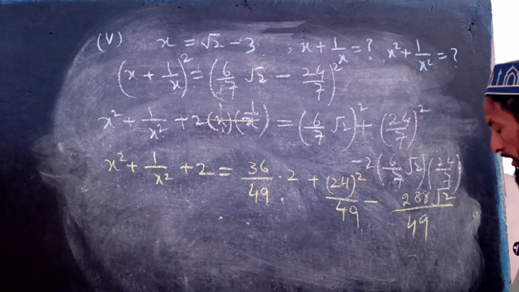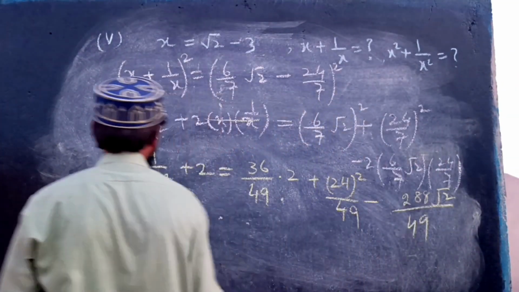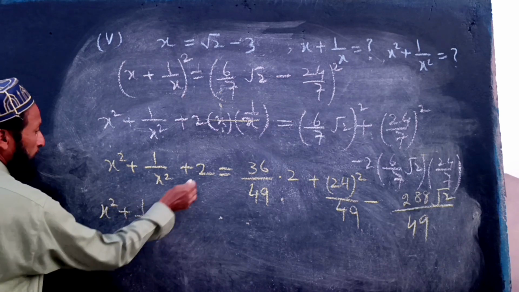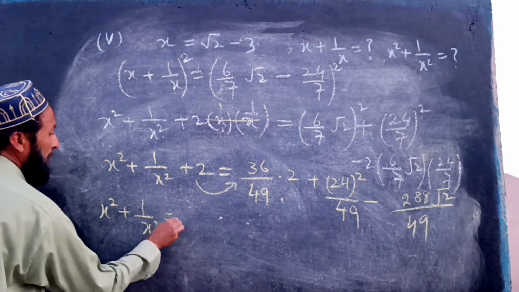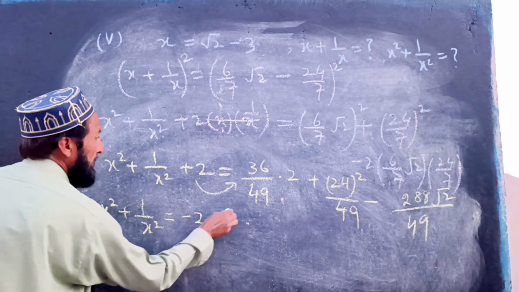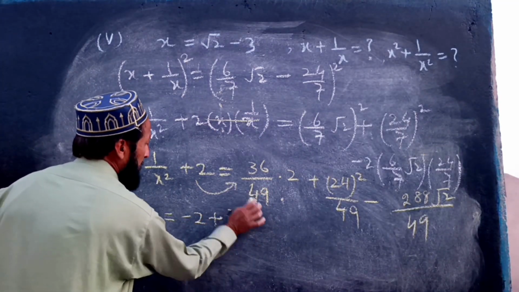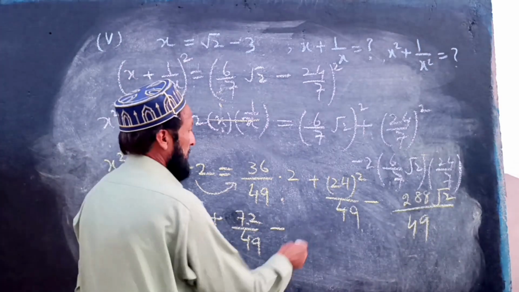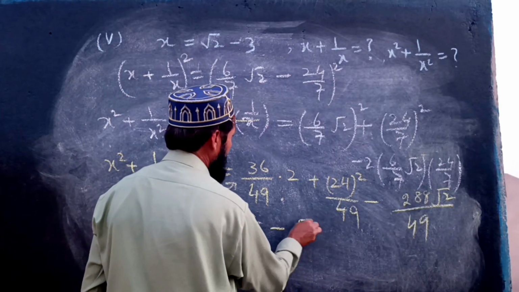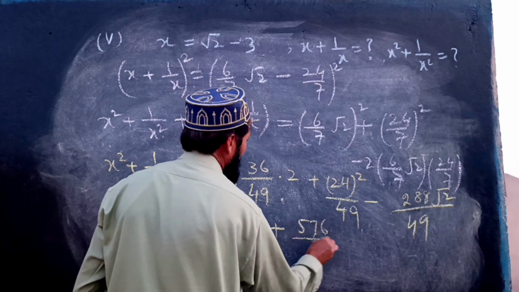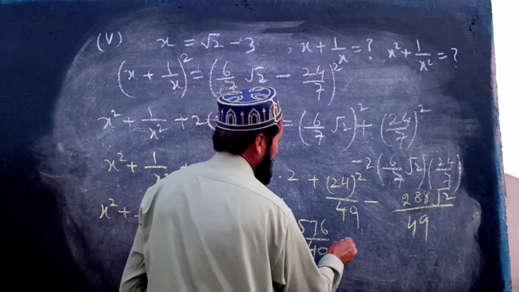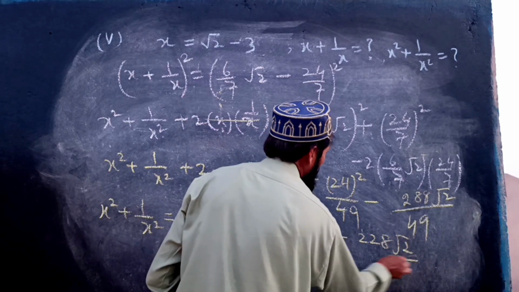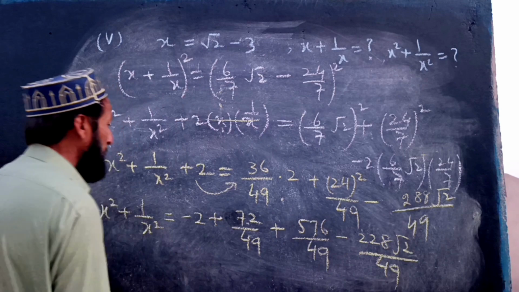24 square is 576. Now x square plus 1 by x square, if we transfer this result, we get in here minus 2 plus 36 is 72, 72 divided by 49 minus, this will be 576 divided by 49 and minus 228 under the root 2 divided by 49.